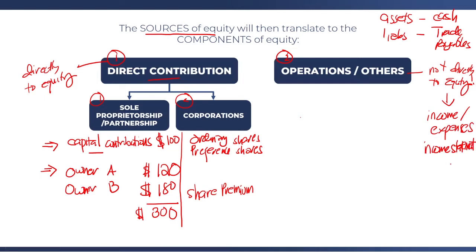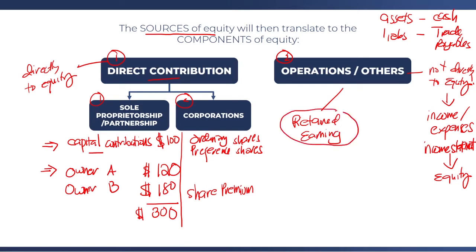Then the amounts in the income statement go to equity. It's a two-step process. Then in equity, it goes to specific components, which is what I want to discuss right now. So they go to retained earnings, which is the most common one. And the less common one, we have the other comprehensive income.